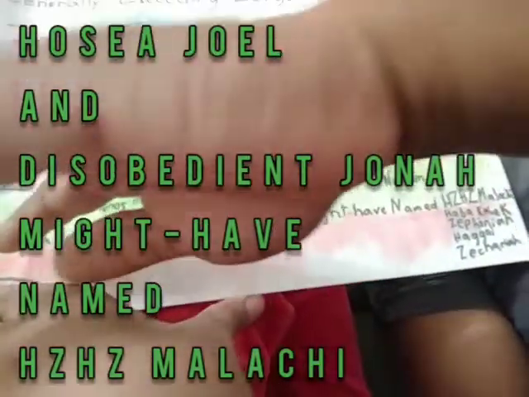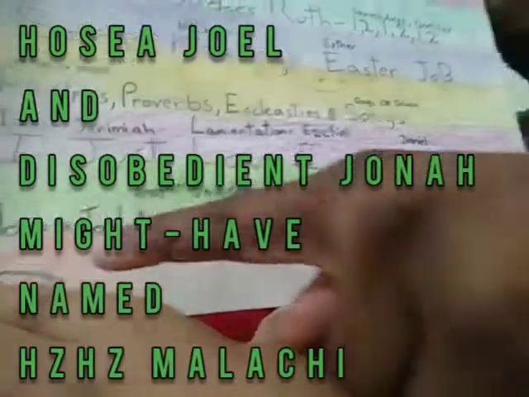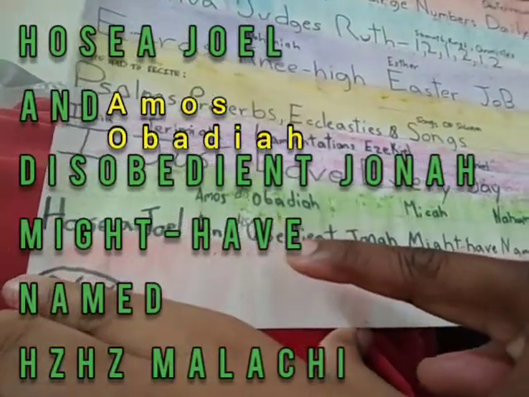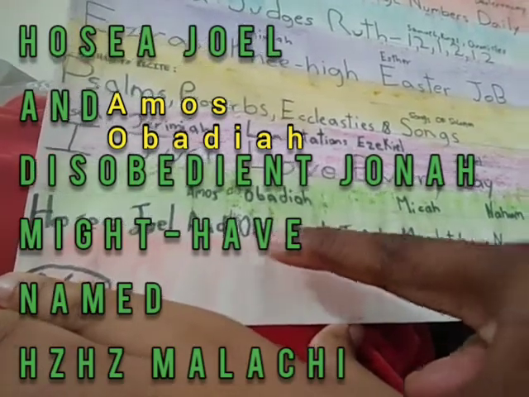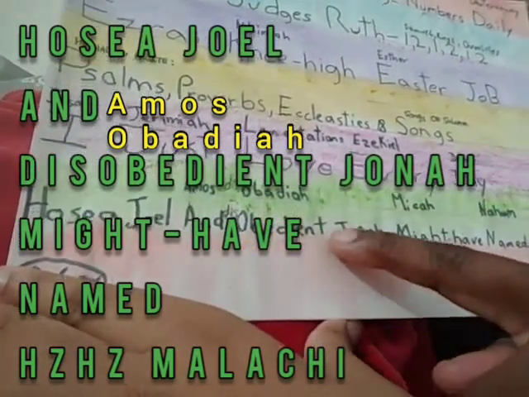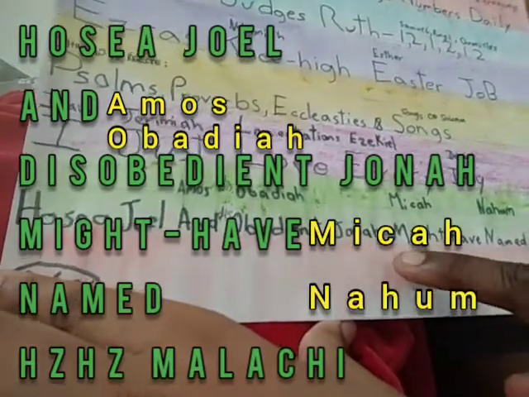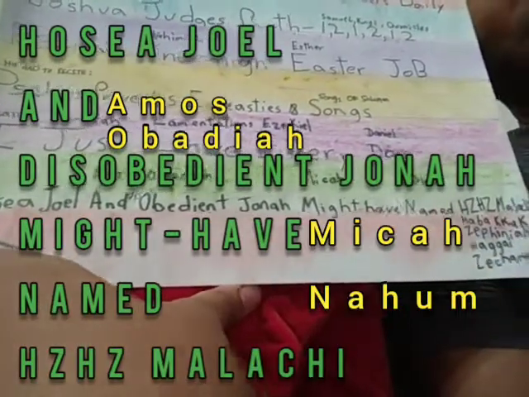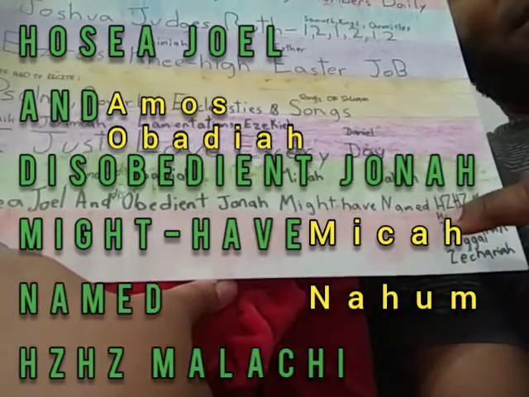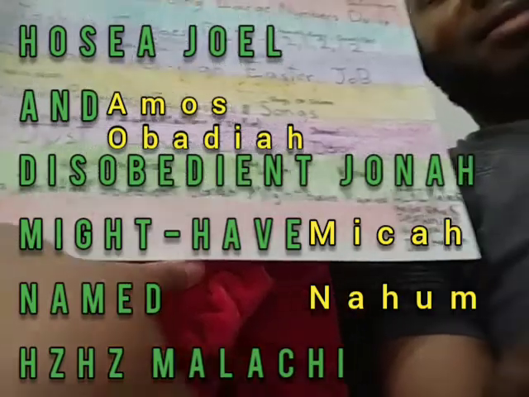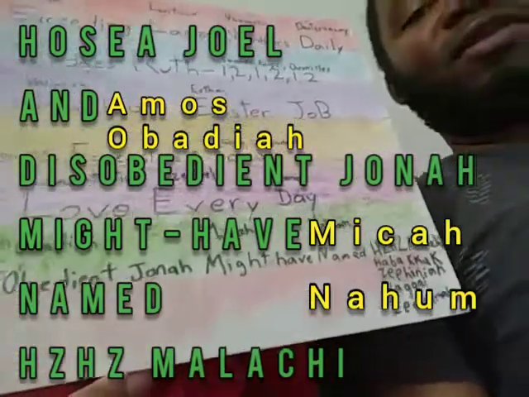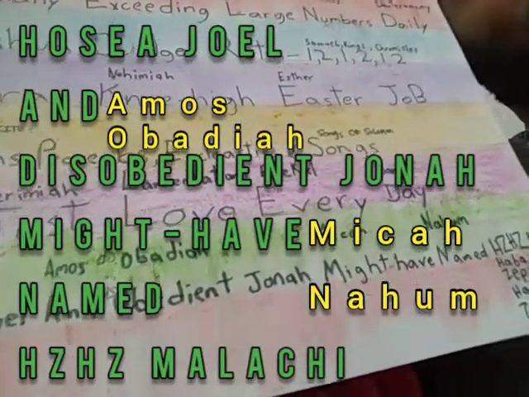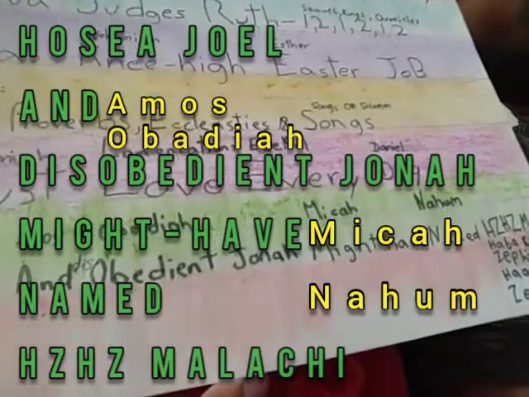So Hosea Joel, and that's Amos. Disobedient, that's Obadiah, the O in disobedient. Jonah, that's already there, just the book of Jonah. Might have, that's Micah. Named, Nahum. HZHZ Malachi. Okay? So Hosea Joel and the disobedient Jonah gave a guy the name HZHZ Malachi.